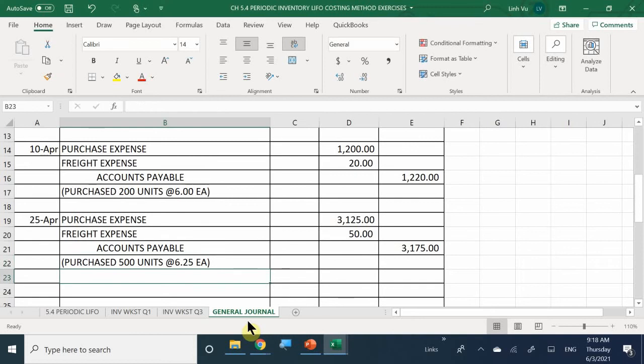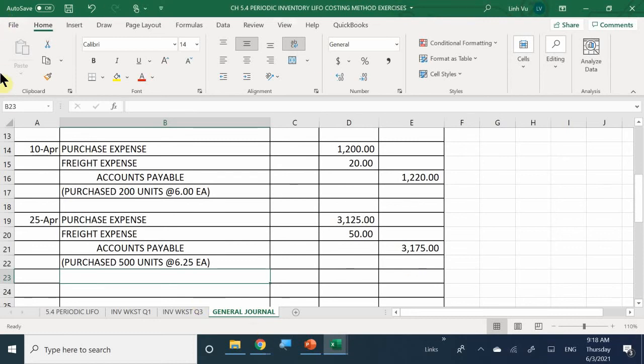Okay. So once again, that is primarily chapter 5, recognizing how to journalize a purchase. You're just going to do purchase expense, freight expense, and whatever means that you paid for these items. All right.